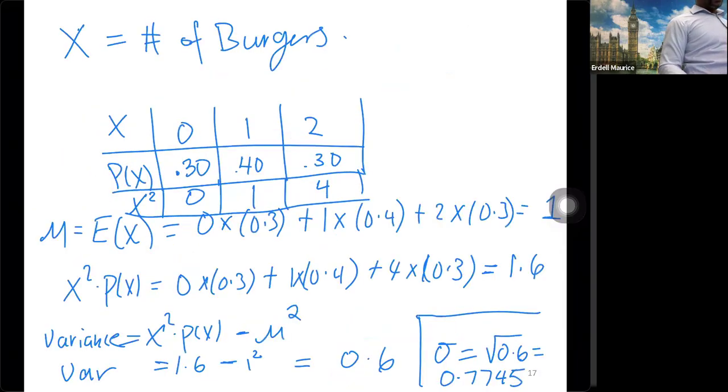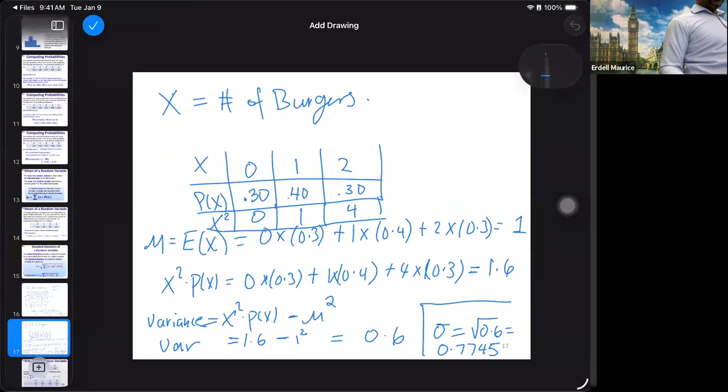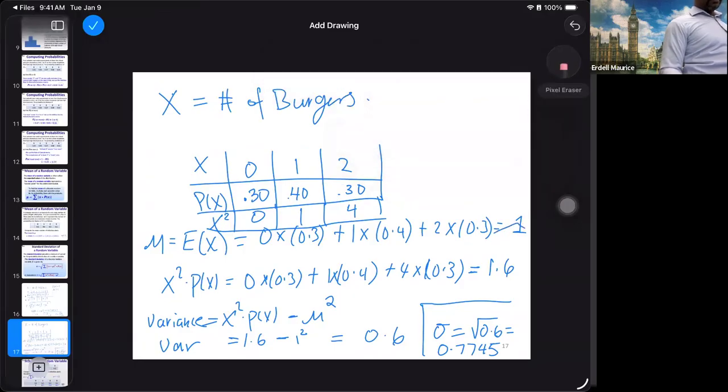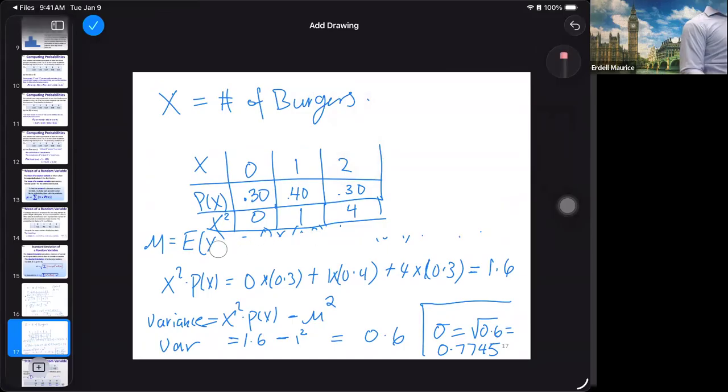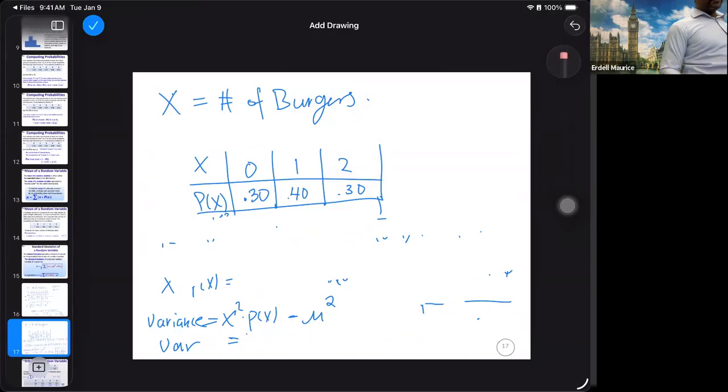All right. So we have an example for you to work. I have this example right here. This is people coming into a burger store.